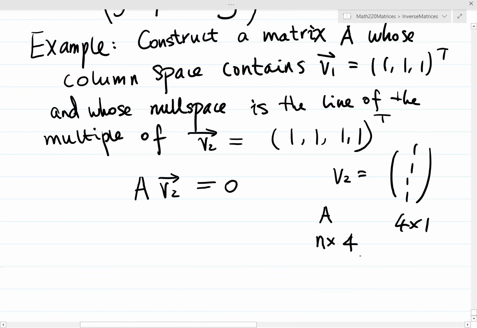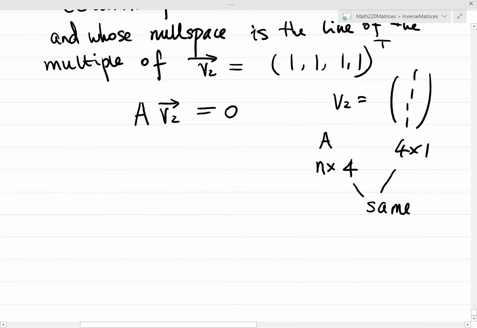Make sure the number of columns of A agrees with the number of rows of V2, so that we can multiply them. So A should have 4 columns: 1, 2, 3, 4.